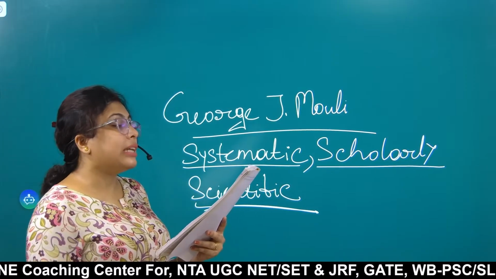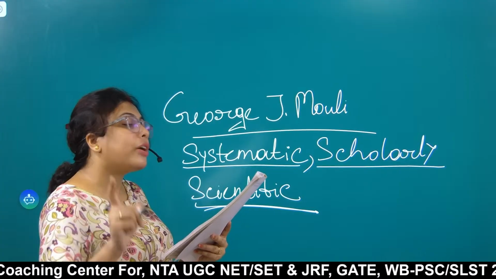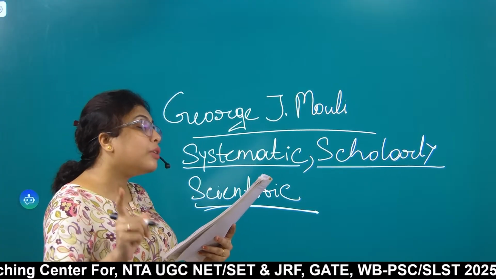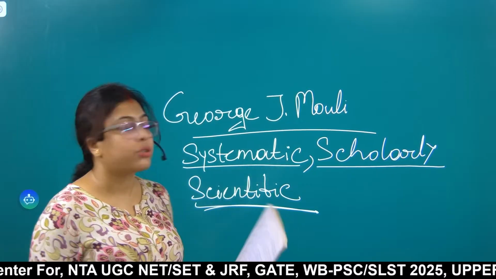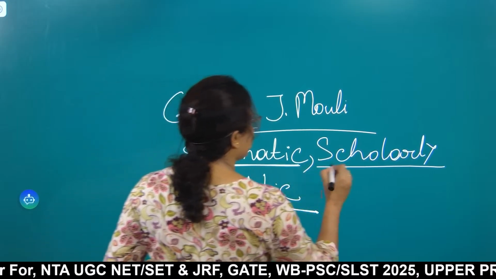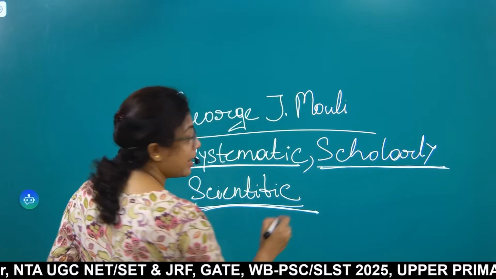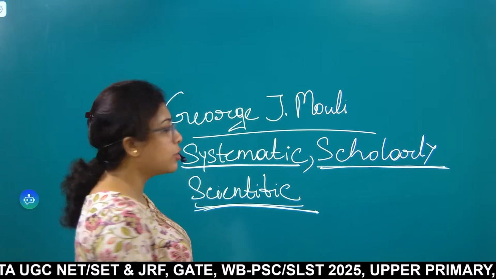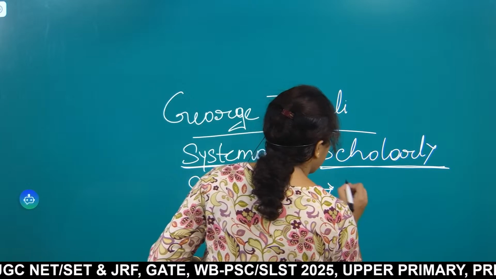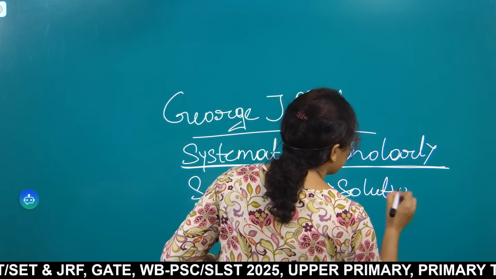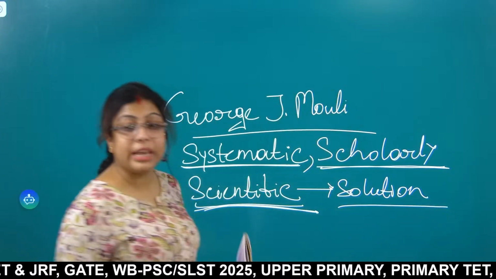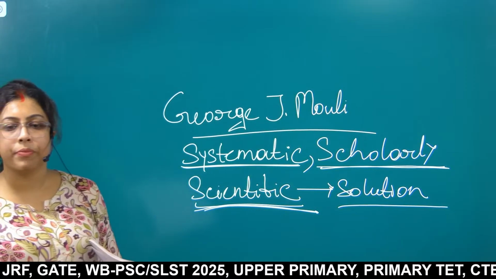Scientific method interpreted in its broader sense to the solution of problems of social sciences. What is the aim of research? To find a solution to a given social problem.